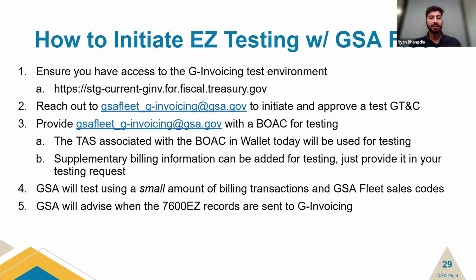And so to do this, you'll reach out to the inbox shown on the screen. That's GSA Fleet underscore G-invoicing at gsa.gov. And we will help you initiate a test GT&C in the G-invoicing staging environment, and then we will use some of your real fleet data to generate EASy records to then populate on your side within the test environment.